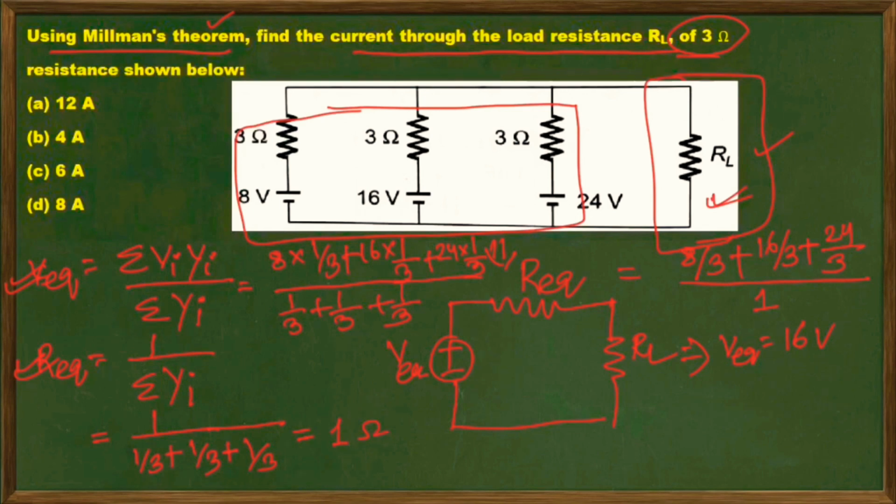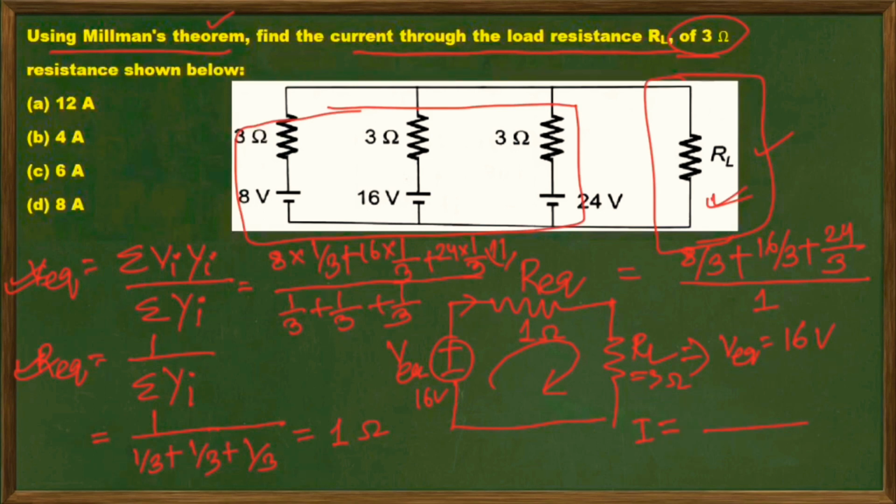So putting these values in the circuit, this is 16 volt and this is 1 ohm, and RL is given to be 3 ohm. Now we can find the value of the current that flows through the network. The current I through the load resistance RL equals net voltage divided by net resistance.